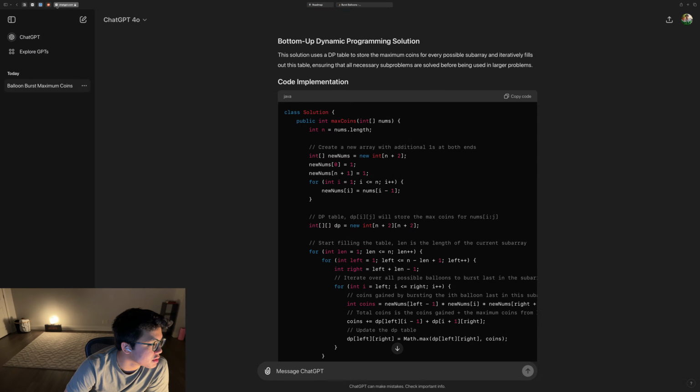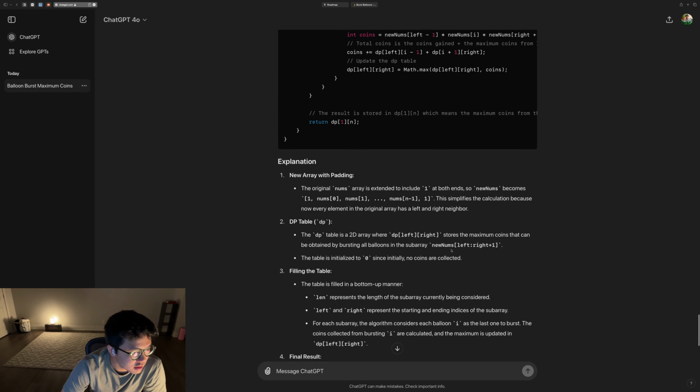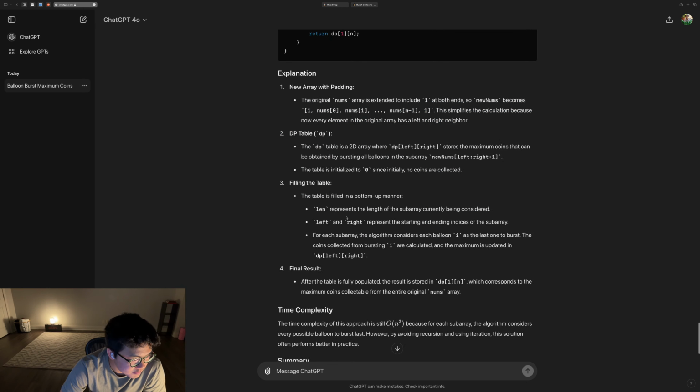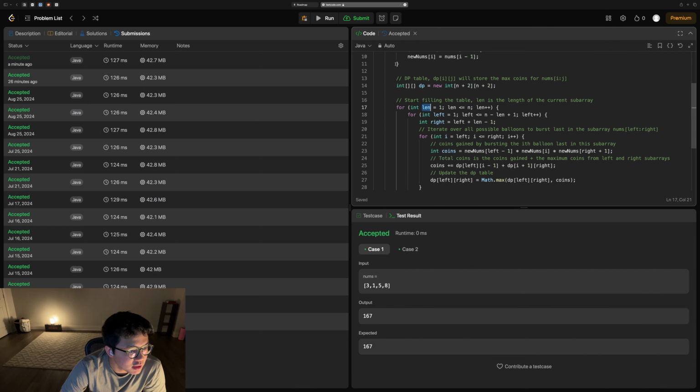Let's see if GPT can explain it. Okay. It's a new array with padding. That makes sense. Left and right. Oh, it's plus.